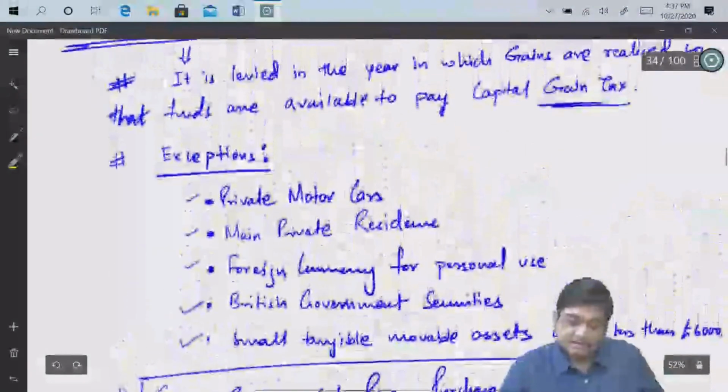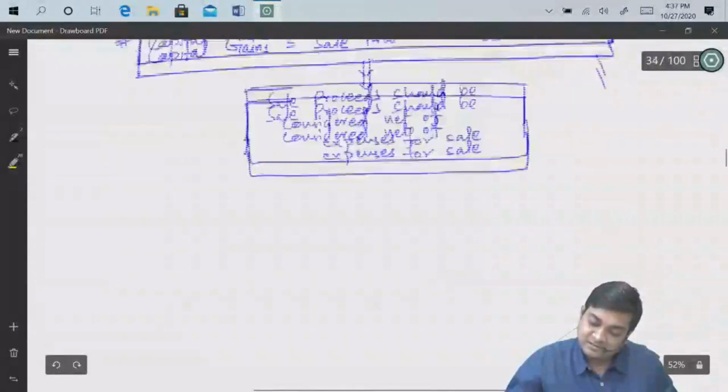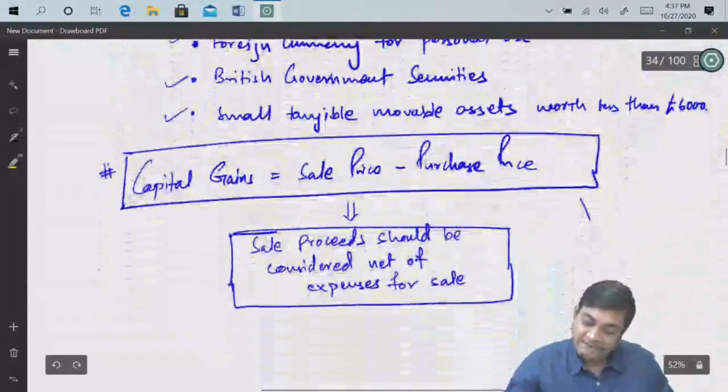And if it is purchase, if you have paid something at the time of purchase, I have to add it.